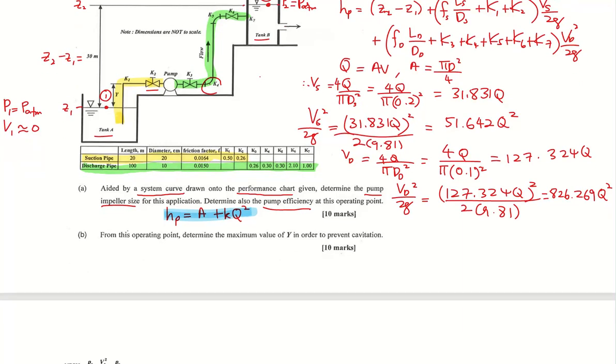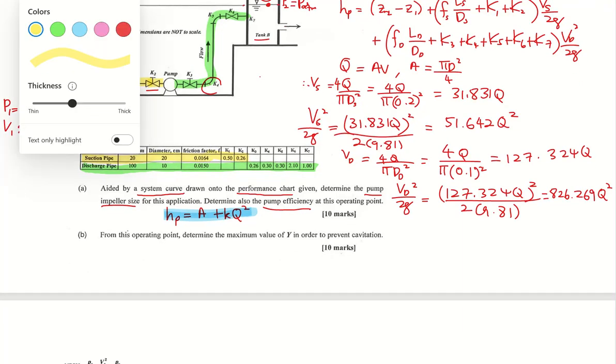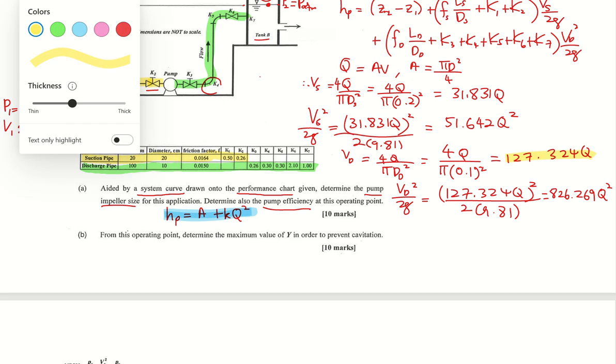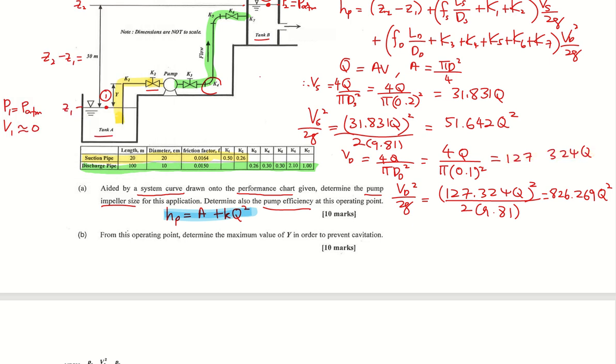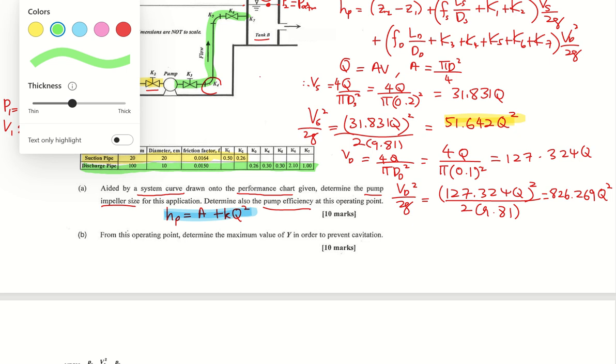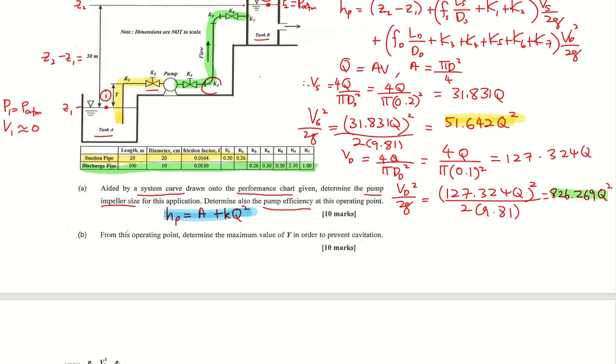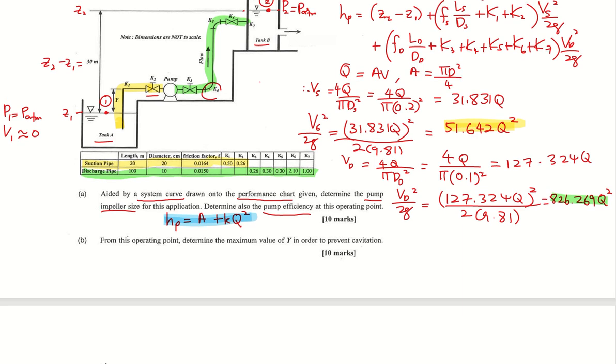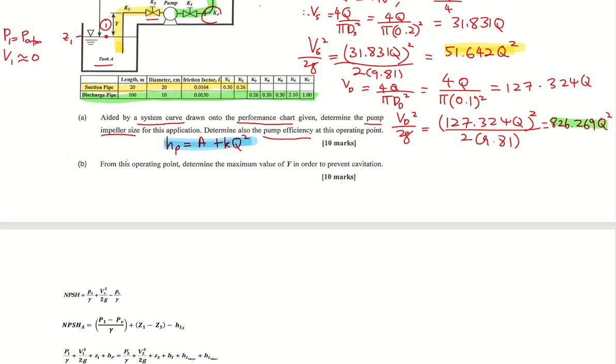So this should be the component for suction pipe, sorry, not that one, not this one. So this is the component for suction pipe, this one, and this is the component for discharge pipe. All right, so you replace into the equation, this equation, the HP, the long equation.